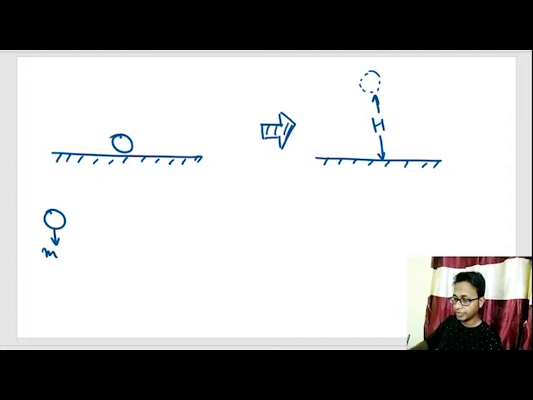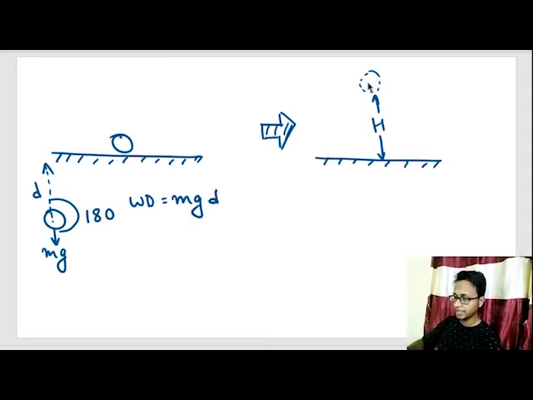Because the gravity force was acting downwards, and someone came and, against the gravity force, picked up the ball from here and raised it up till here. So our displacement is out here. The angle between force and displacement is 180 degrees. Work done is equal to mg d into cos 180.